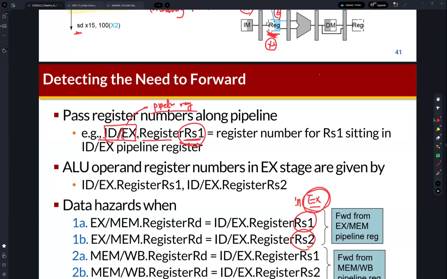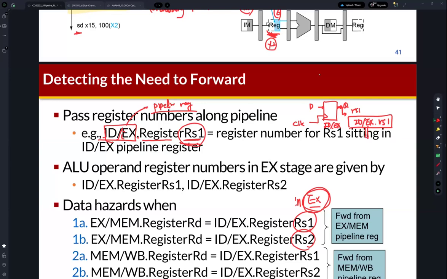As I mentioned, the pipeline register is a D flip-flop, and the flip-flop has a D input and a Q output. If this pipeline register is the ID/EX pipeline register, then this is the Q. If this is the RS1, then it becomes ID/EX.RS1. Now what is this RS1 signal?